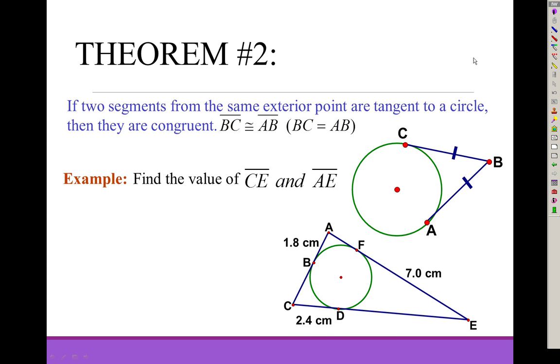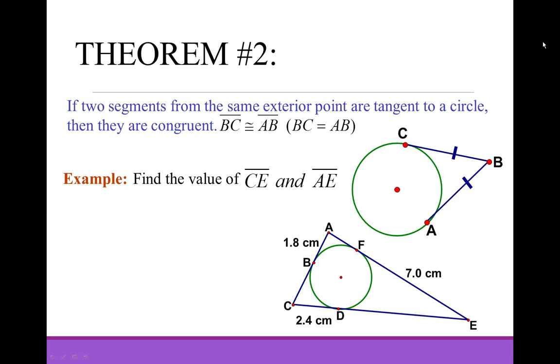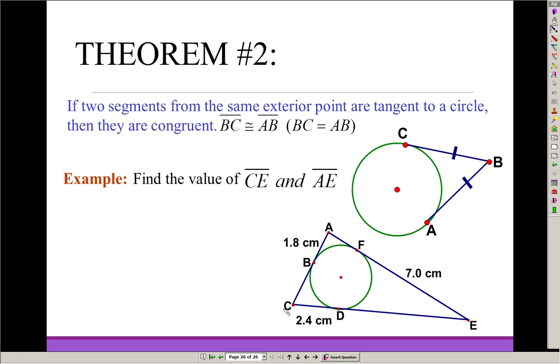So look at this example. Find the value of segment CE and segment AE. So I have several places here where there's two tangents that hit the same exterior point. At the top here, segment AB and segment AF do that, so they're the same, 1.8 and 1.8. You also have segment EF and segment ED.